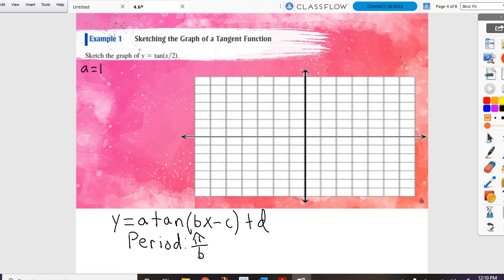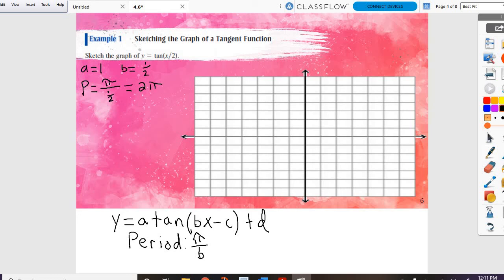Dividing by 2 is the same thing as multiplying by 1/2. So our b value is 1/2. So that means that if I wanted to find the period, I would take pi divided by b. So I end up multiplying by the reciprocal, and we get 2 pi. Yeah, with me so far?